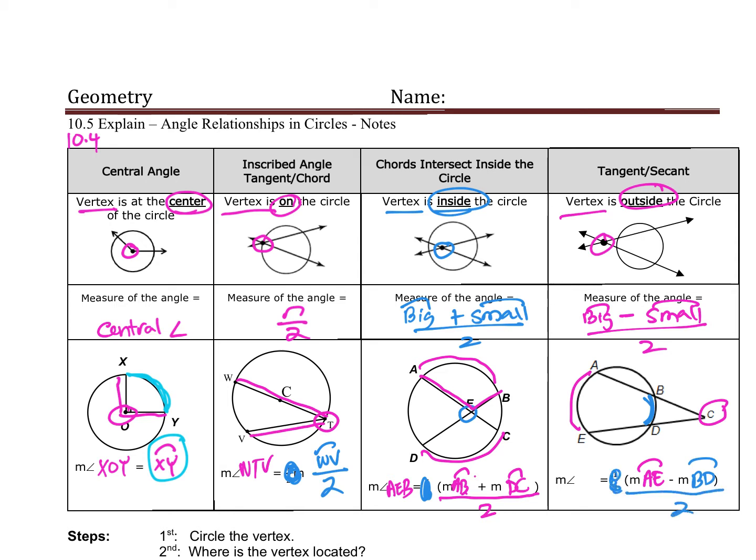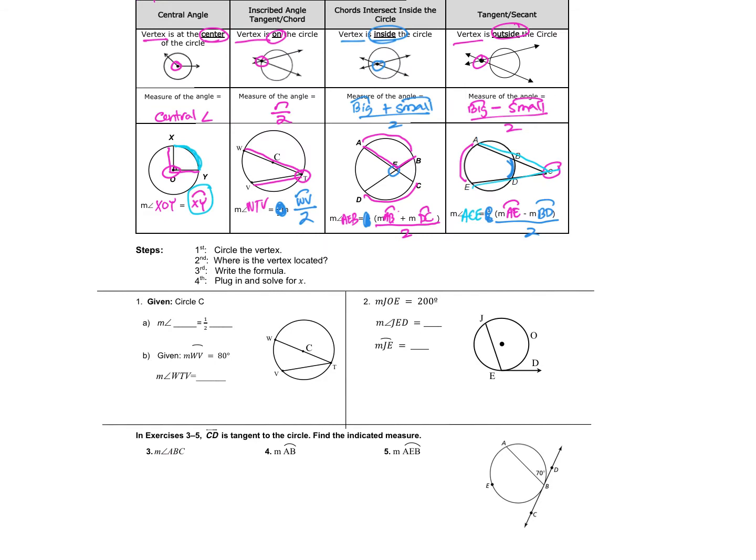What I'm crossing out is the same thing as dividing it by 2. My angle, if I look at it, would be A, C, E.